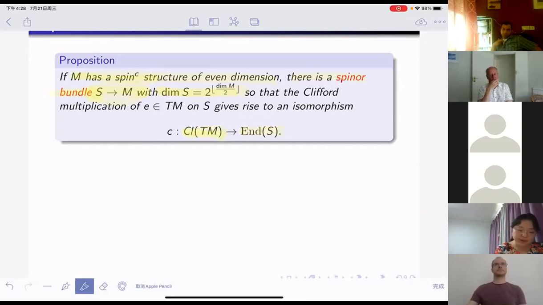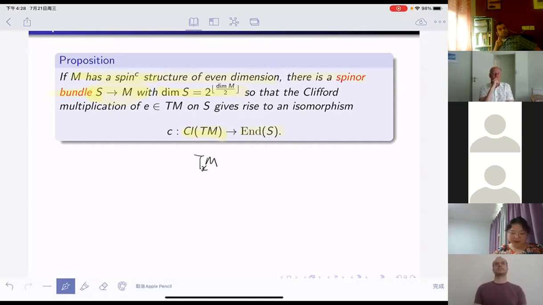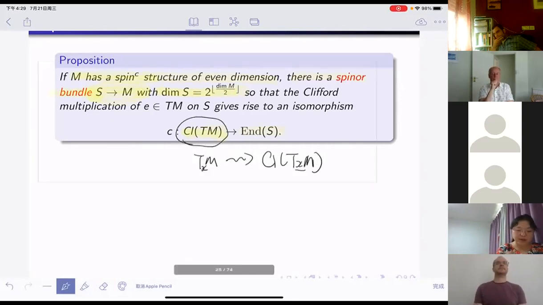This Clifford algebra bundle is just to think of the tangent bundle TM. You think of at each point, it is a tangent space, which is viewed as a Euclidean space, and you find its Clifford algebra. And letting this x change continuously, one can have this Clifford algebra bundle.